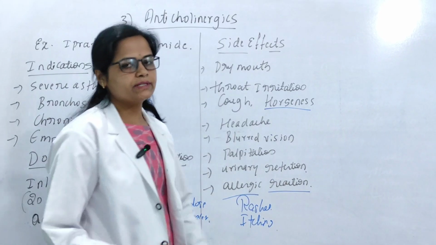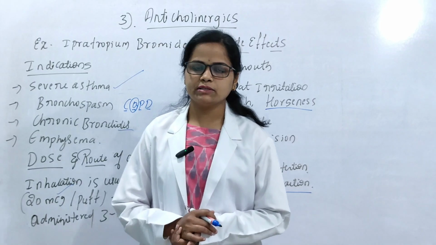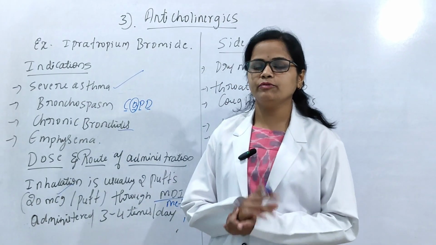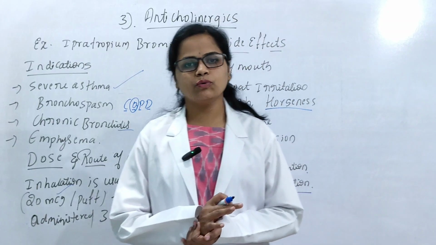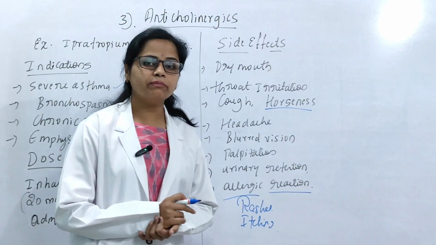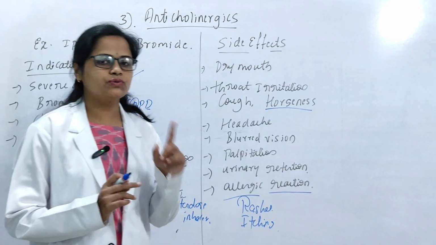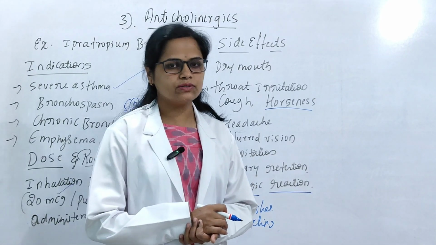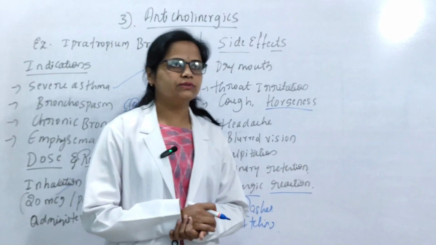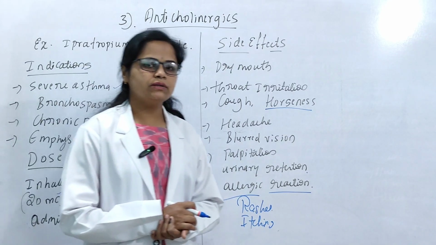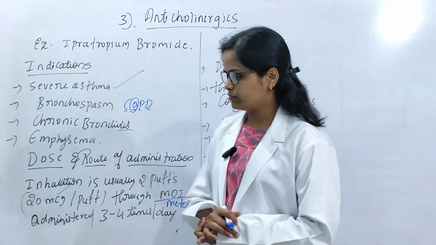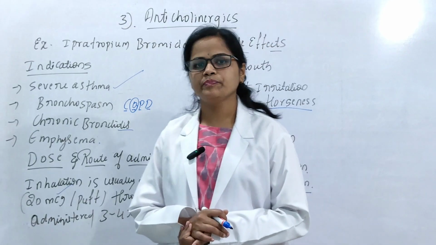Okay. So next we'll see about the nurse's role while administering, before and after administration of the anticholinergic drugs. Before that, the nurse should know about the patient's conditions or the medical history, and also she should know about the age and severity of the disease conditions. And the nurse should know about the 10 rights of drug administration and the route of administration.